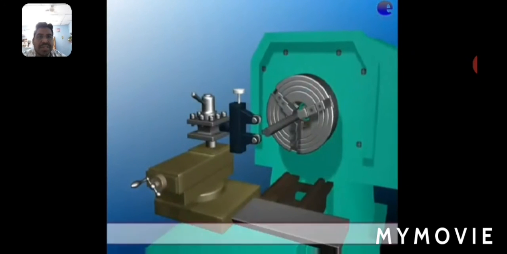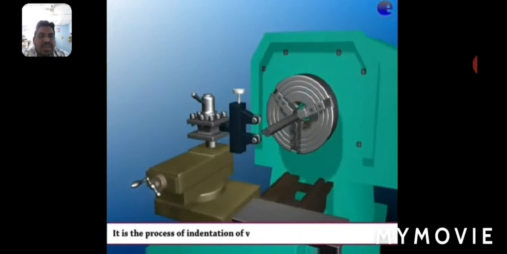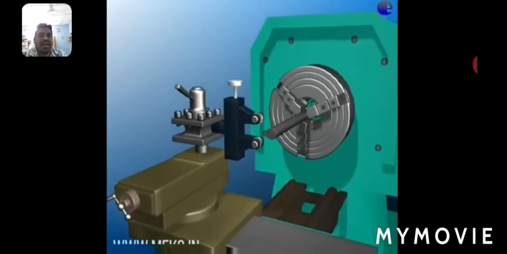The knurling operation is a process of indentation of various forms on a cylindrical surface. A good example for that is the small hammer which is having grippers on it.